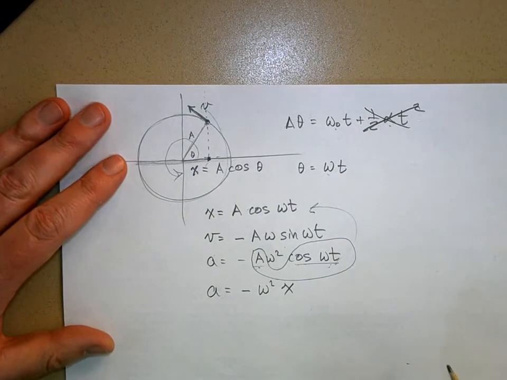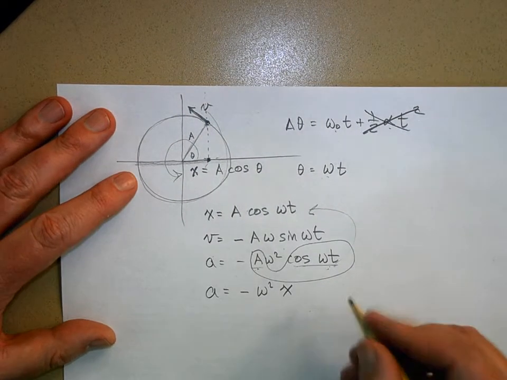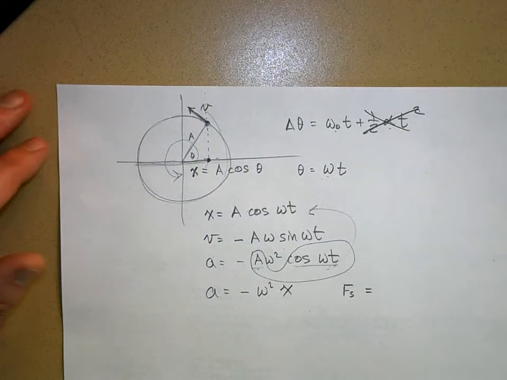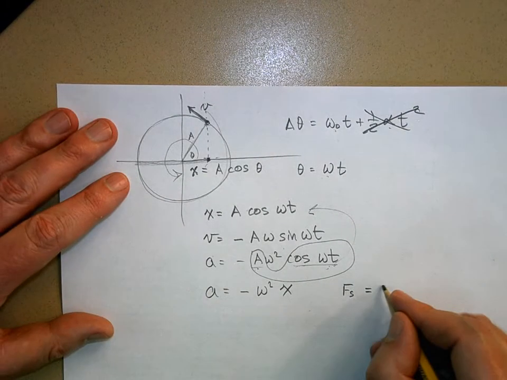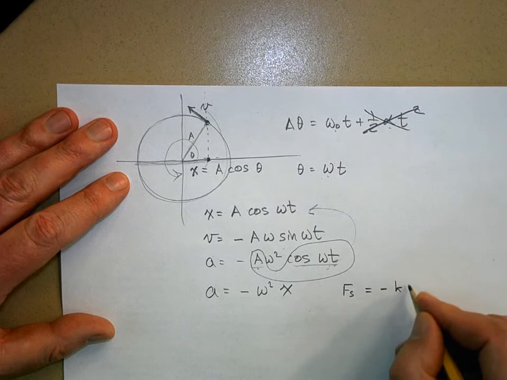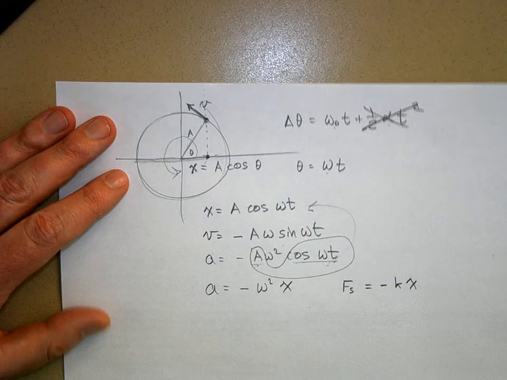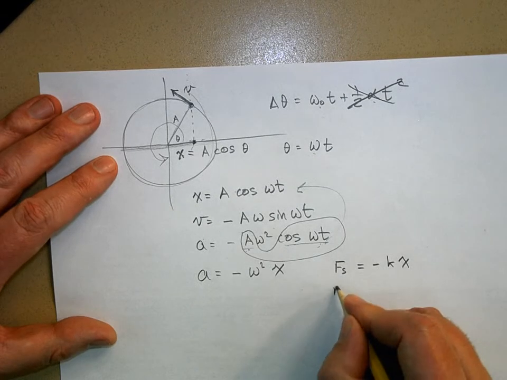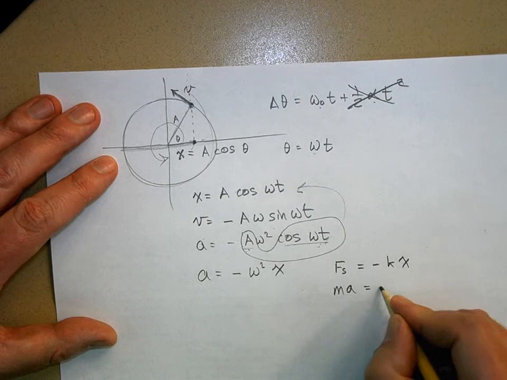Well, look at Hooke's law. Hooke's law says the force of the spring is equal to negative kx. Well, for a mass spring system, the force of the spring is the net force. So this is going to be equal to ma equals negative kx.